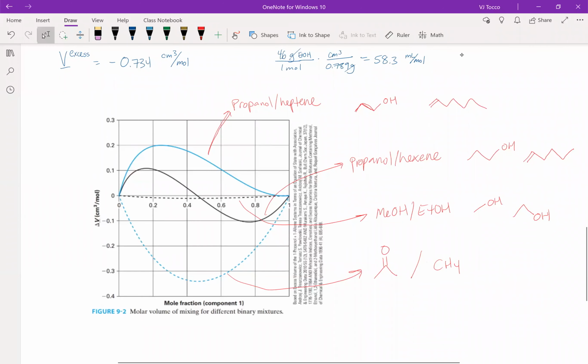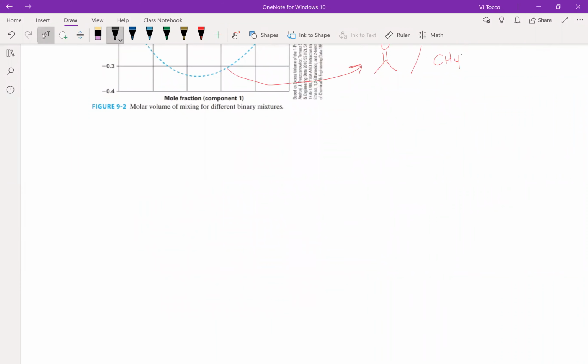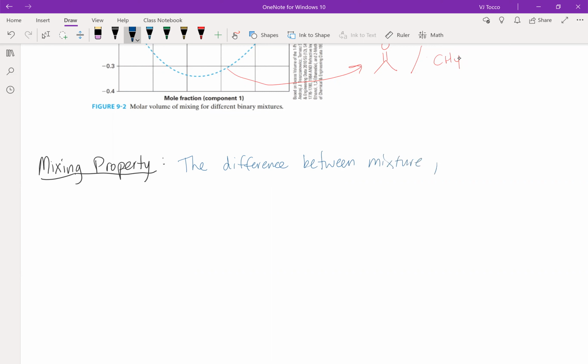All right, I said I was going to define the subtle difference between a mixing property and an excess property. A mixing property is defined as the difference between the mixture property and the weighted average of the pure component properties.